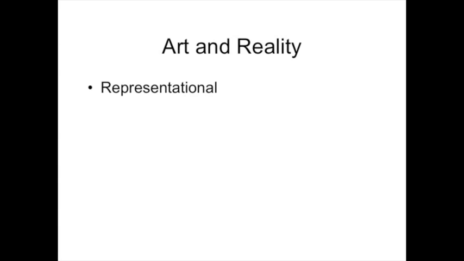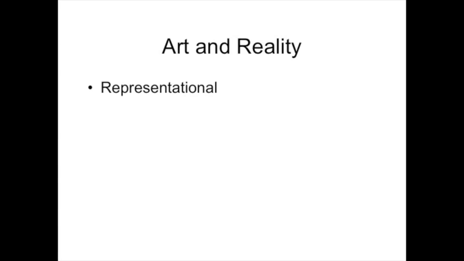One way to describe artwork or the way it functions is to talk about its relationship to reality. So what's artwork compared to what's real, and how do you describe that connection? In a lot of artwork, there is a connection to reality, and we call that representational artwork.